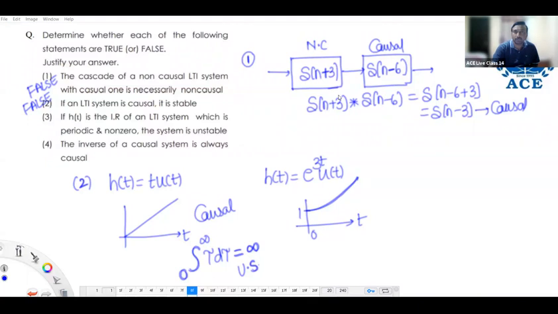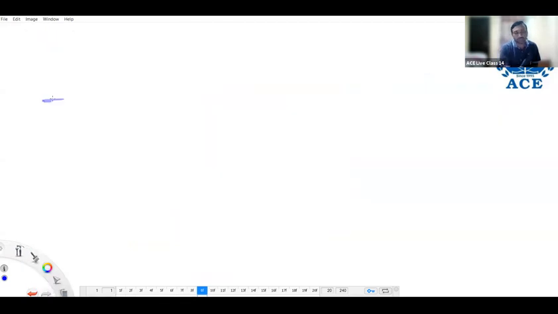Think of the third one. H of t is the impulse response of an LTI system which is periodic and non-zero. Non-zero means that the periodic function has finite amplitude. Then the system is unstable. This will be true, because suppose I have taken a periodic function like this, repetition of triangles.